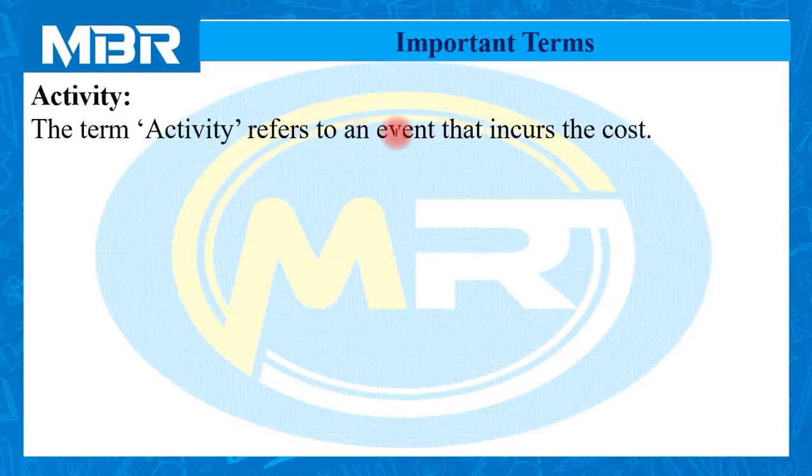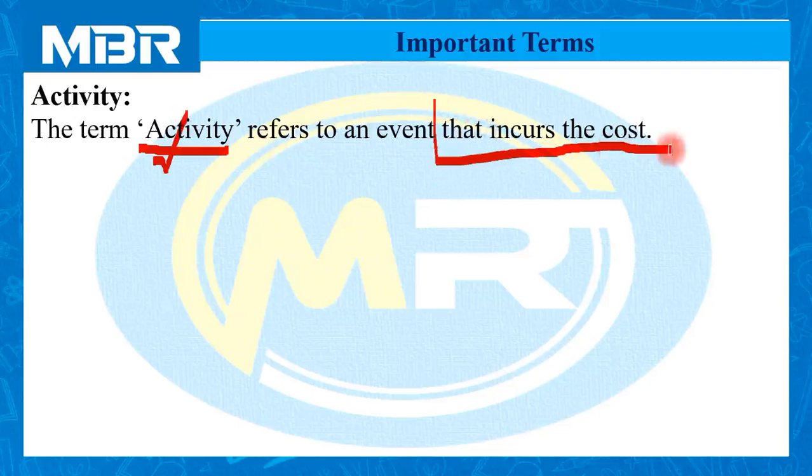First, activity. The term activity refers to an event that incurs the cost. In activity-based costing, the term activity is connected with any event that incurs the cost.